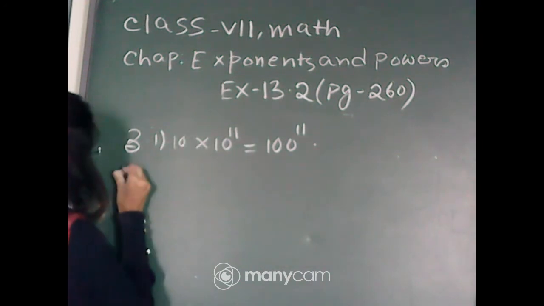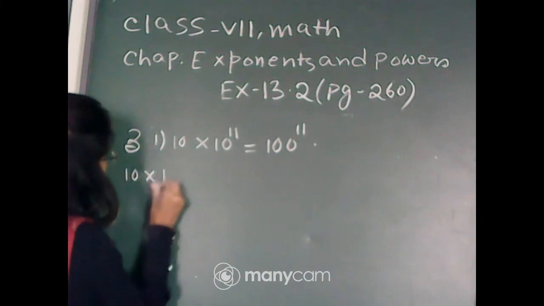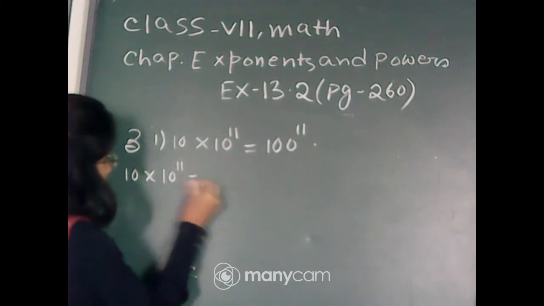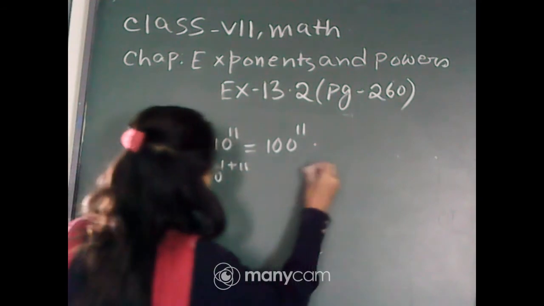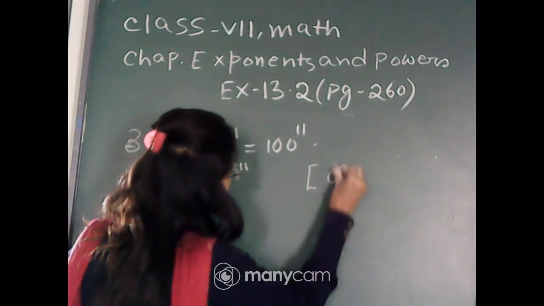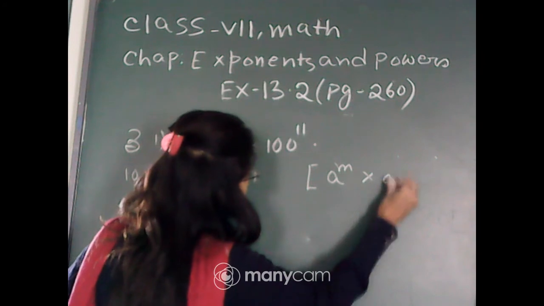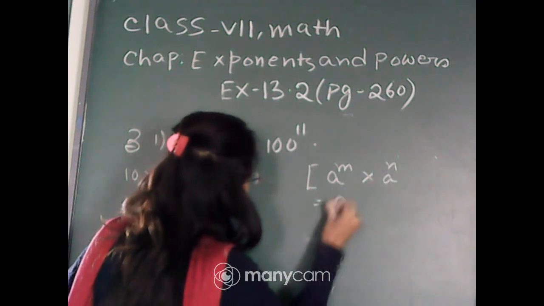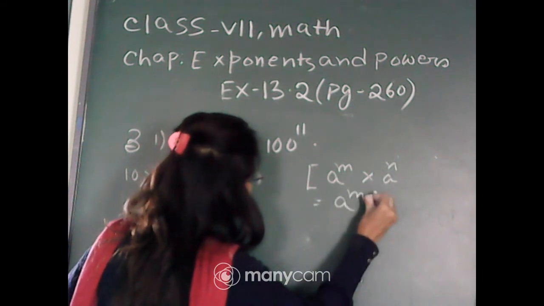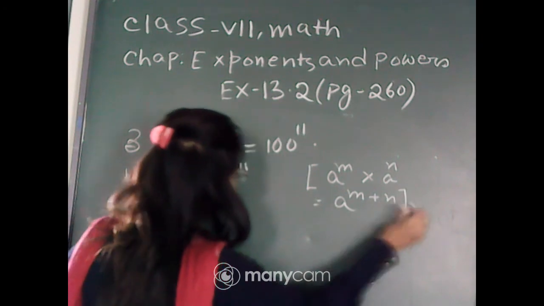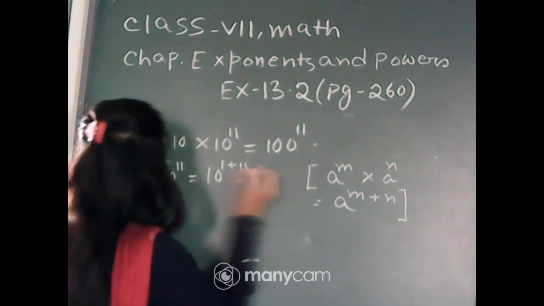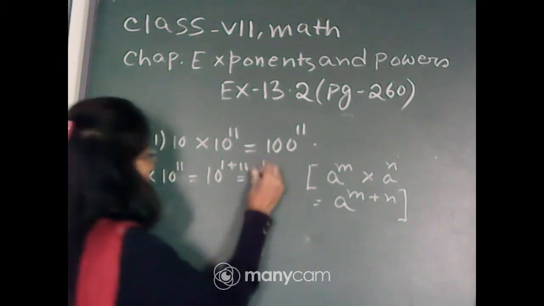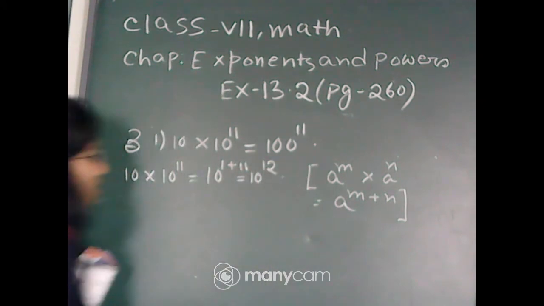Now, 10 into 10 to the power 11 is equal to 10 to the power 1 plus 11. We use the law a to the power m into a to the power n is equal to a to the power m plus n, and using this law we get 10 to the power 12, isn't it?